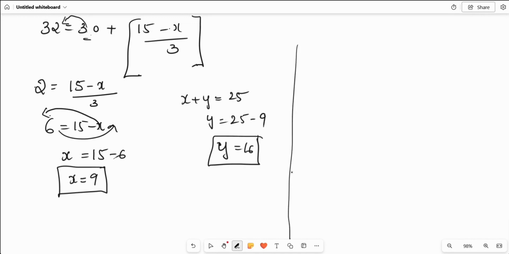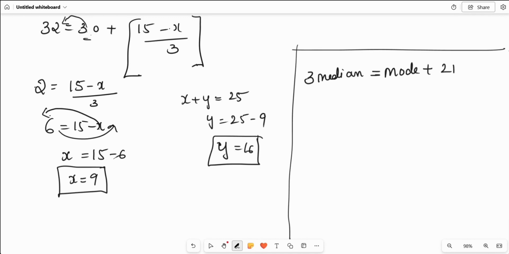Then after this, there is a relationship between median, mode and the mean. Okay, that is 3 times median will be equal to mode plus 2 times the mean. Okay, this is the relation between median, mode, and mean.